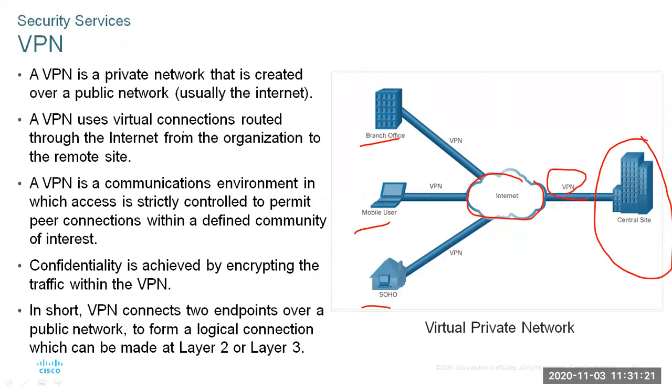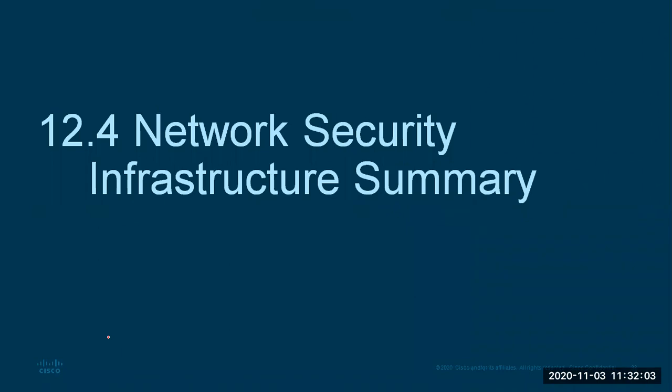It uses a virtual connection routed through the internet from the organization to the remote site. A VPN is a communication environment in which access is strictly controlled to permit peer connections within a defined community. Confidentiality is achieved by encrypting the traffic within the VPN. In short, VPN connects two endpoints over a public network, and a logical connection is made on layer 2 or layer 3.